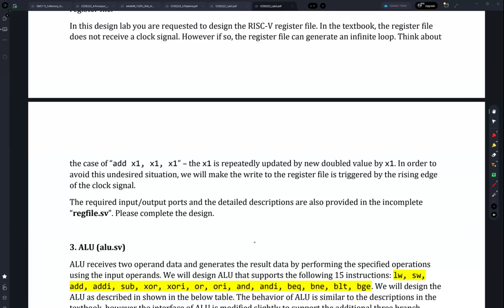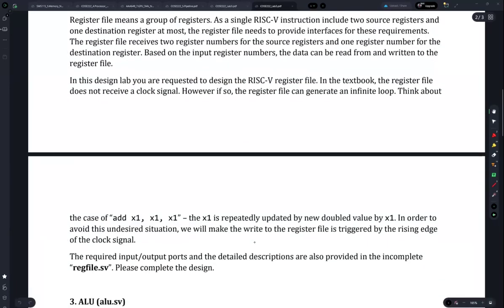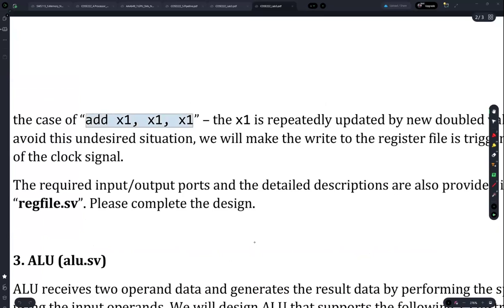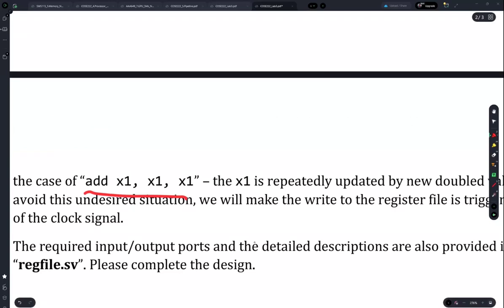Think about this instruction. What's the operation of this instruction?